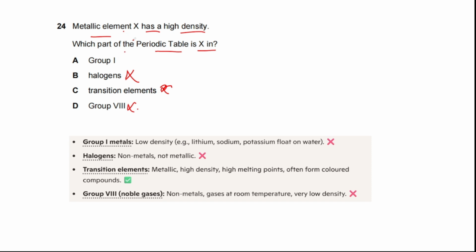Both are metallic, but it's given that it has a high density. For group 1 elements, the density is not higher than that of a transition element. So the correct option is option C.